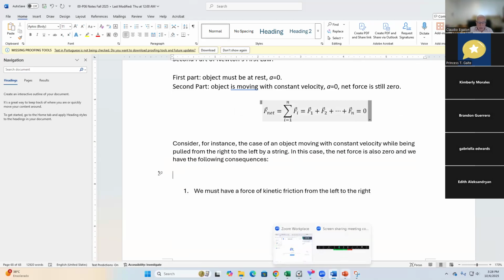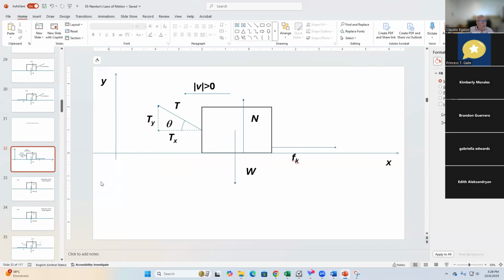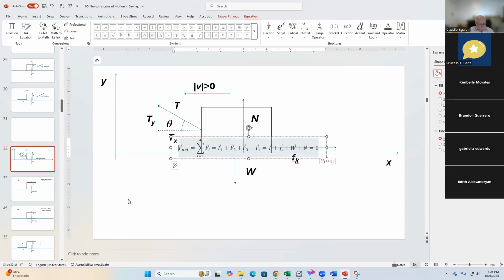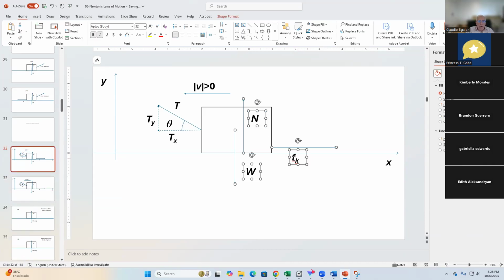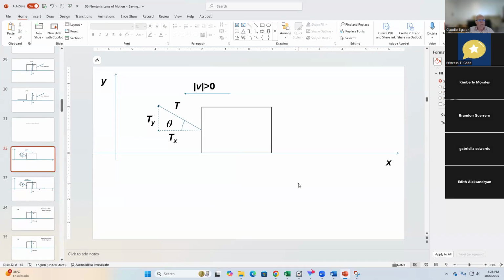And I'm going to do step by step here as well. So this one, I'm gonna erase all of that stuff. That's what we know about the problem, right?